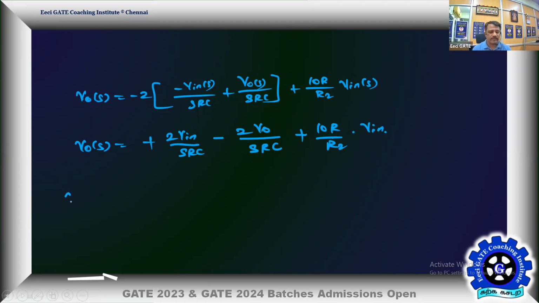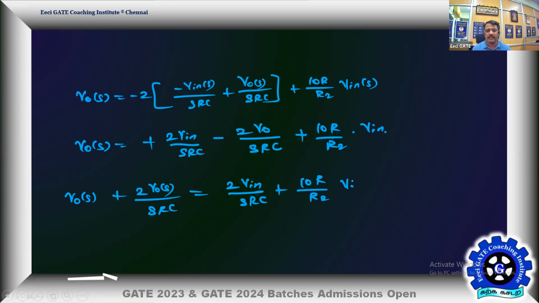So what I get from here: V naught of S plus 2V naught of S by SRC is equal to 2V in by SRC plus 10R by R2 into V in of S.